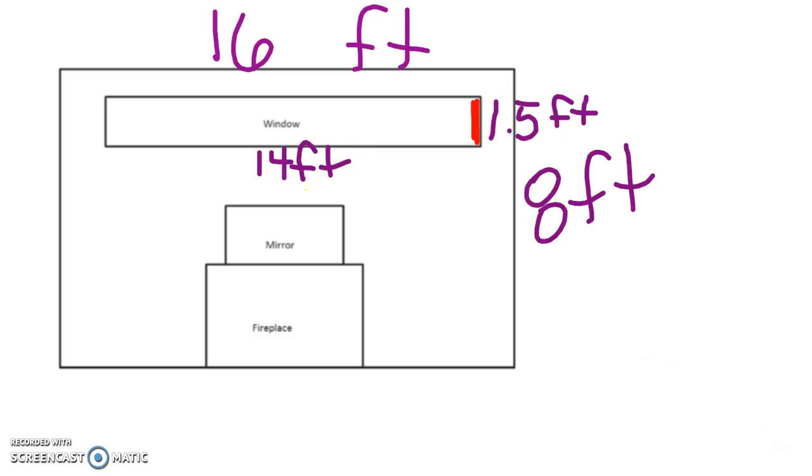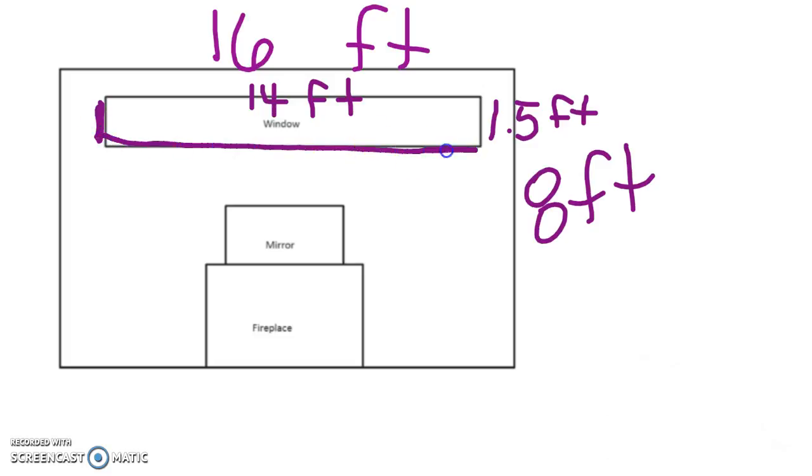So this entire thing right there is 14 feet. Since it's a rectangle, I know both of these sides are parallel. I know that this little thing right here also is 1.5 feet, and this base right here is also 14 feet because they are parallel to one another.